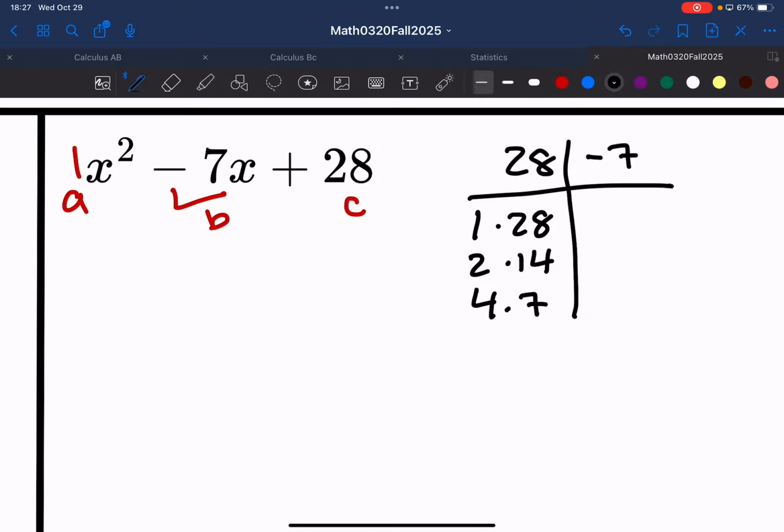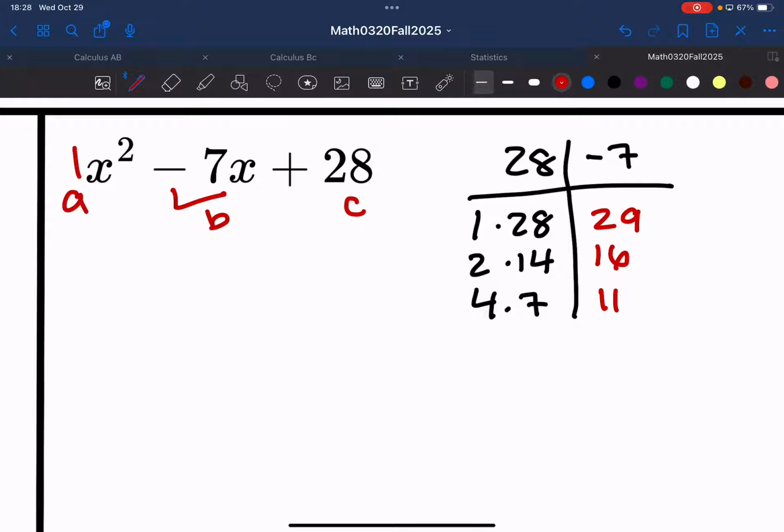Okay, so we would do the same exact process and see if we were to manipulate these three factors in any way, would we be able to add up to negative 7? Well, if we just add these ones across, we get 29, 16, and 11.